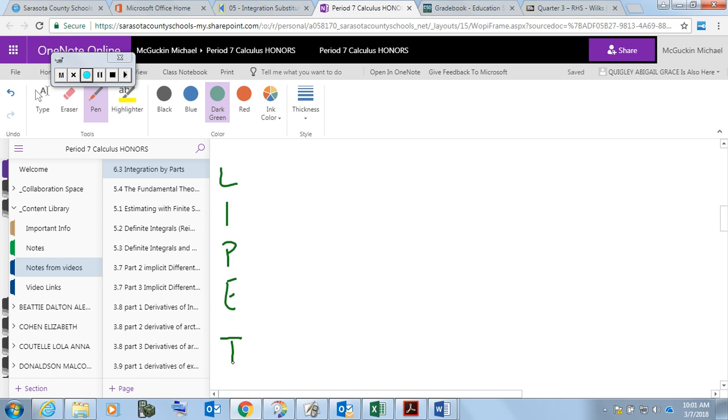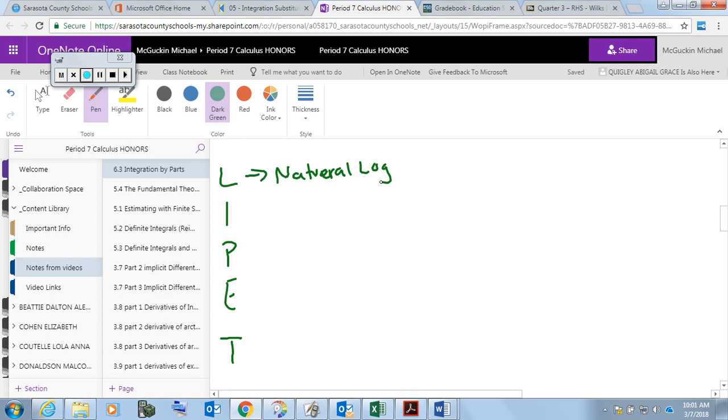The first choice to be U is the L, or a natural log. If there's a natural log involved, that would be our first choice to make U. Let's say there isn't one though. Now let's go down to that next step.